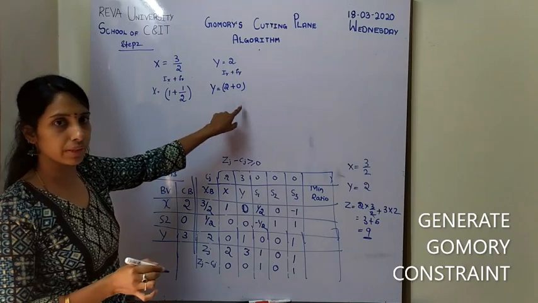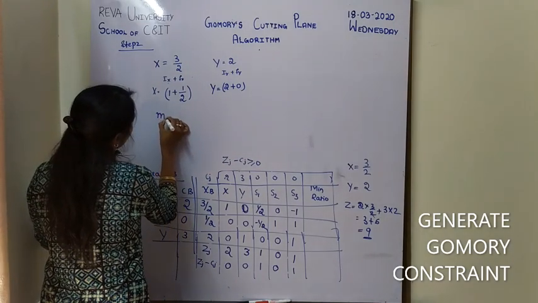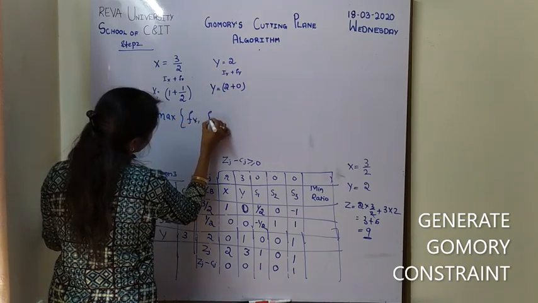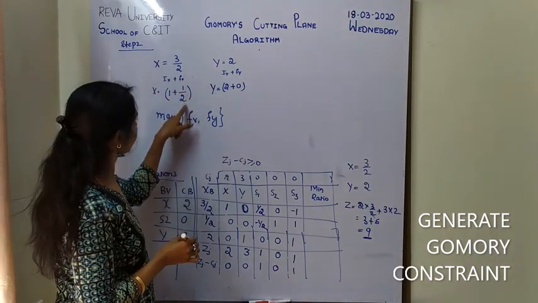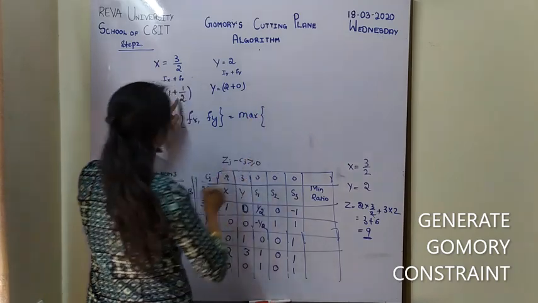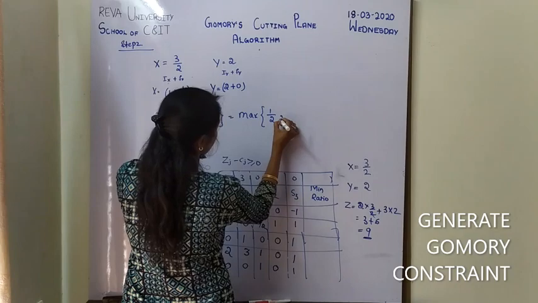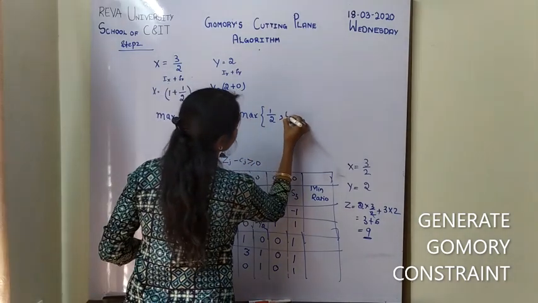Now we have to find out the maximum of fraction of fx plus fy. What is fx here? The maximum of the fractional part of x is 1 by 2, comma, the fractional part of y is 0.